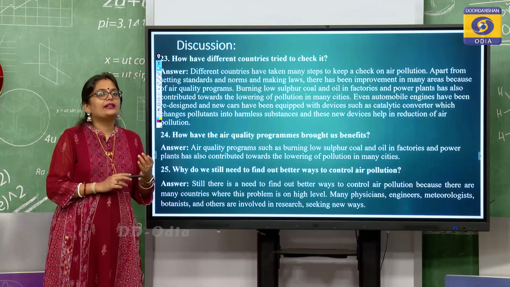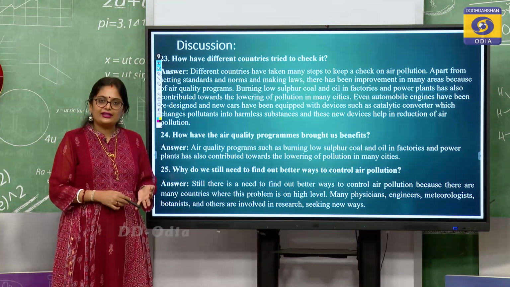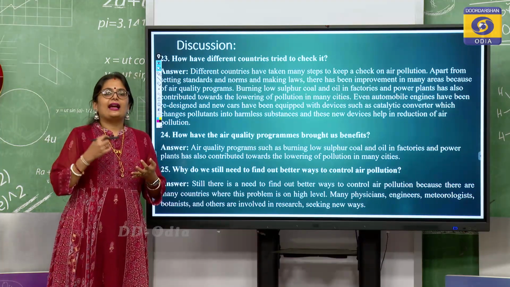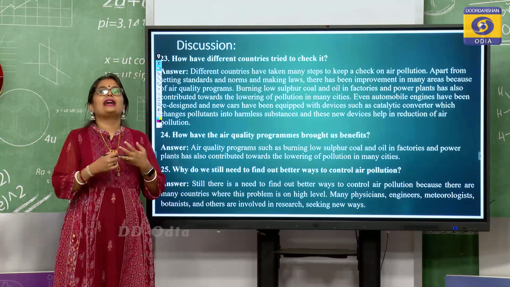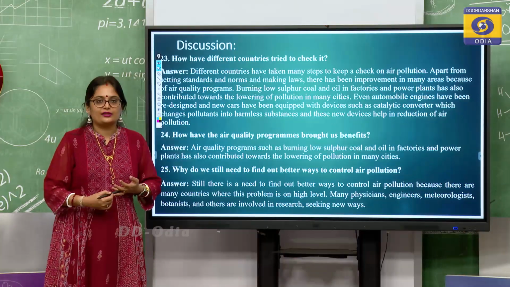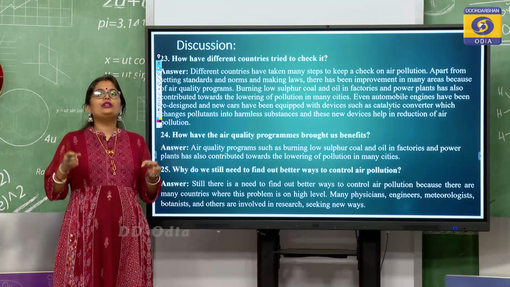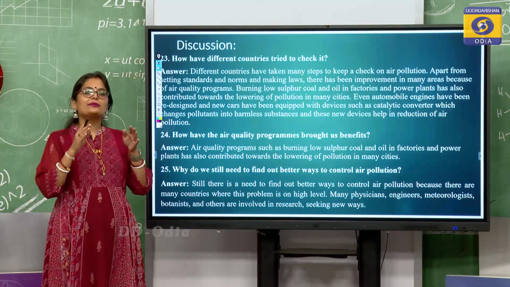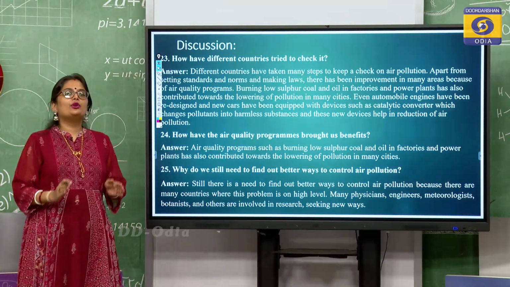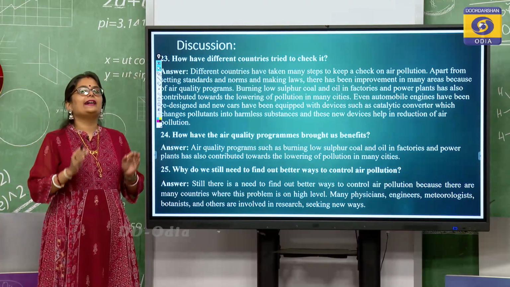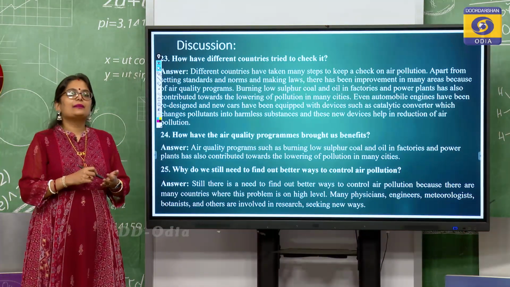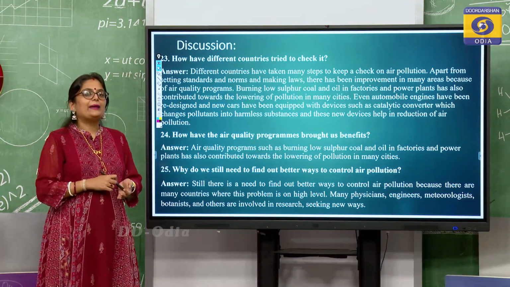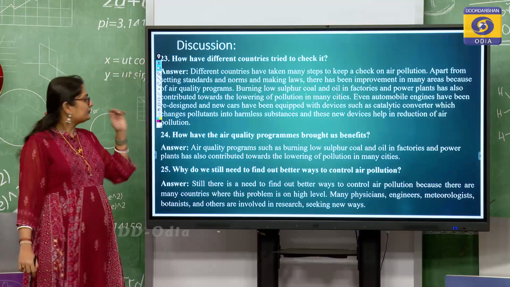Burning of low sulfur content coal and oil in factories, and redesigning the engines of automobiles and equipping them with catalytic converters so that the harmful toxic gases are reconverted into harmless substances before they are released into the atmospheric air. These measures have considerably brought down air pollution in certain countries.